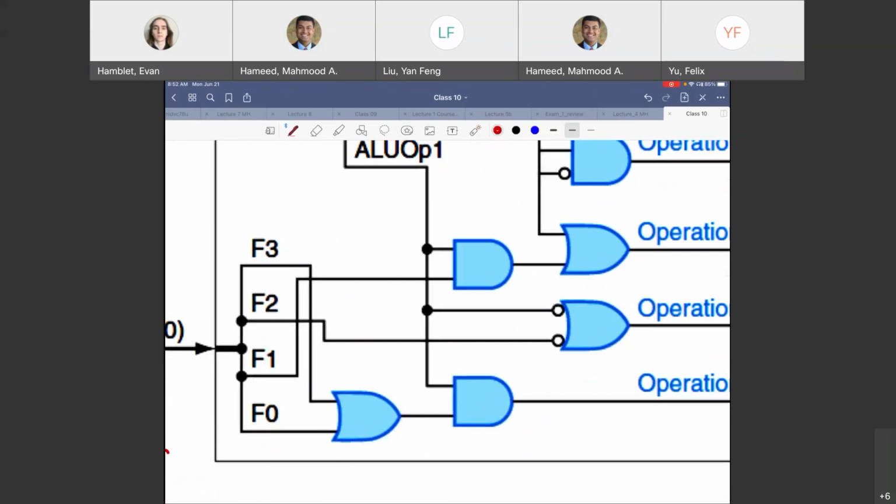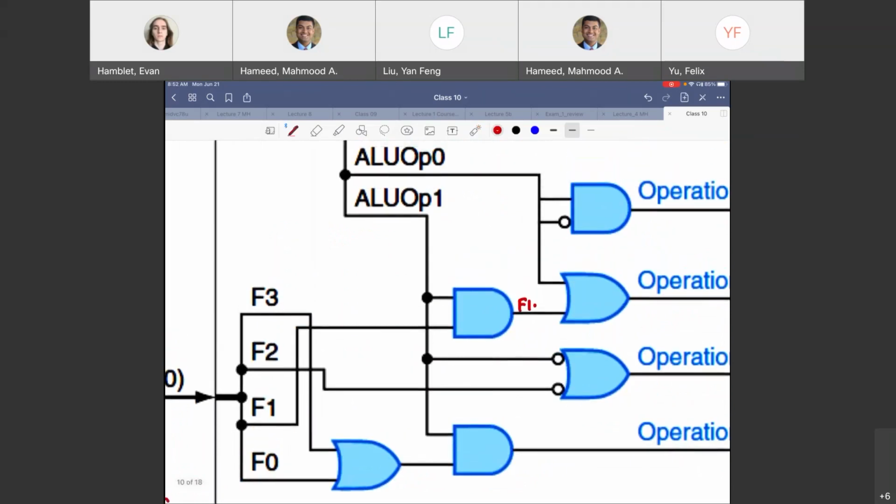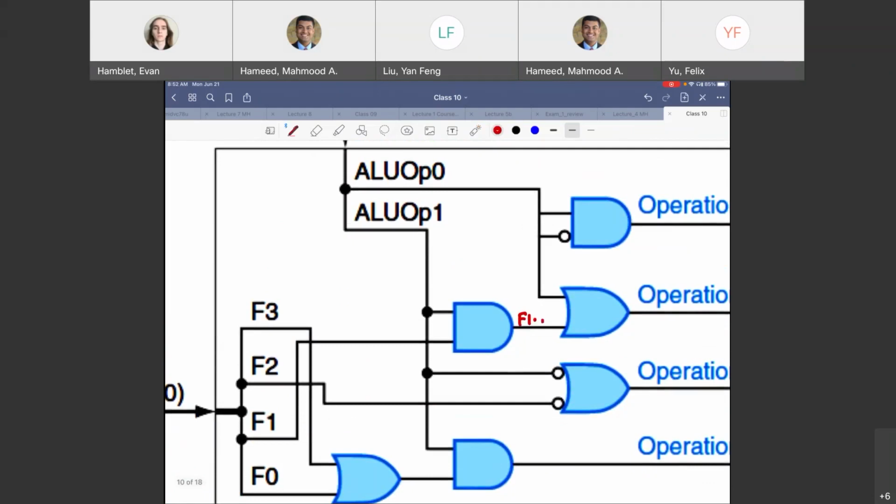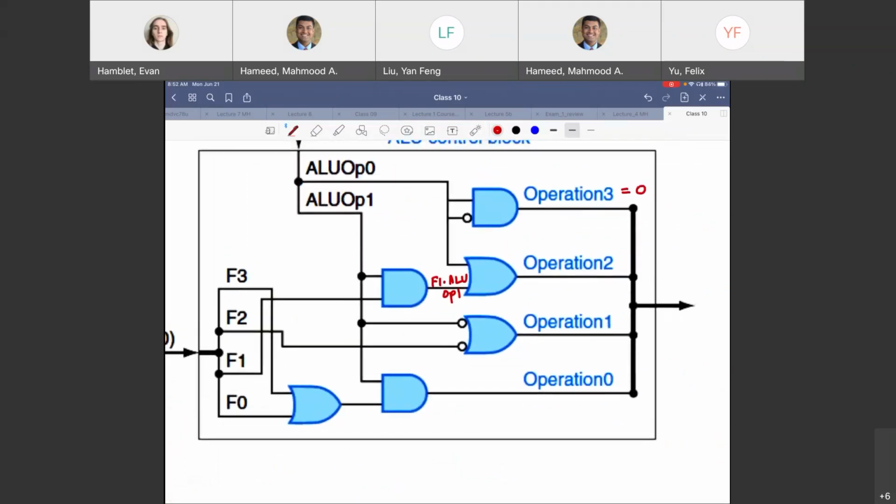Why is that? Because for the R-type instructions, they're always going to be 1, 0 there. So here you have F1 ANDed with ALU op 1. Take these, OR it with ALU op 0 to get operation 2.